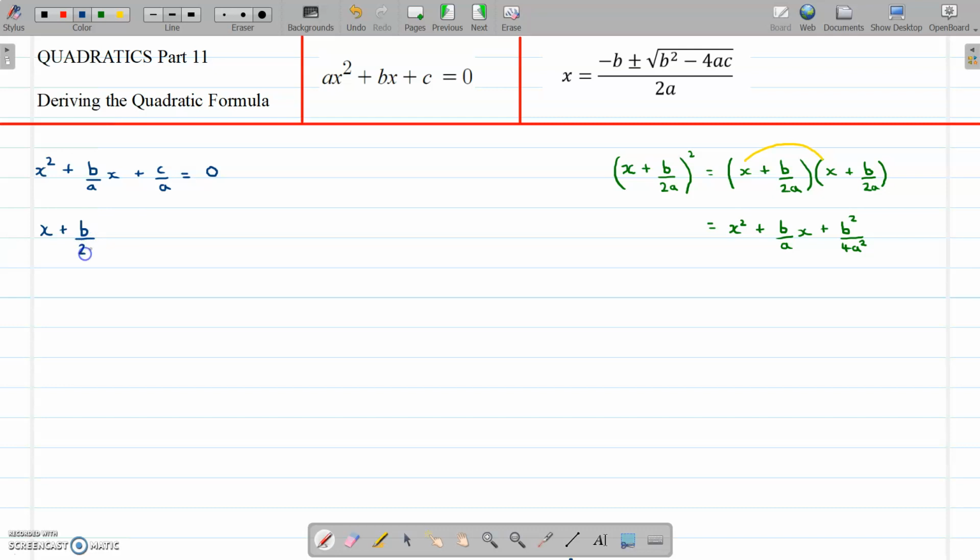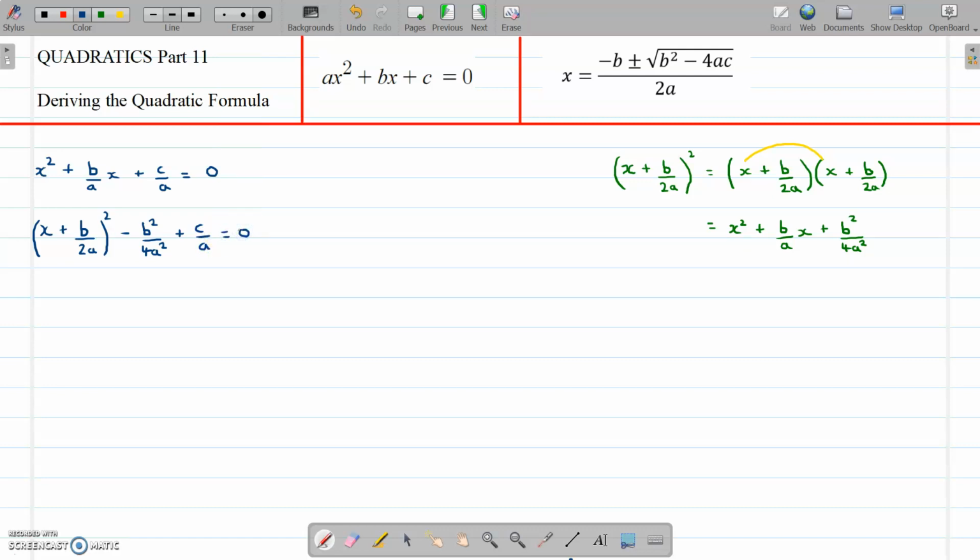That's the perfect square. But from that I need to subtract b squared over 4a squared, and I need to then add the last part of this, which is still there, the c over a. And that equals 0.